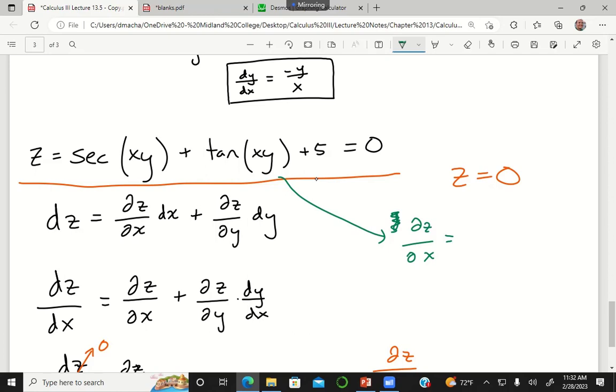So looking at this and then considering y to be constant, this is actually going to be y secant xy tangent xy plus y secant squared xy.